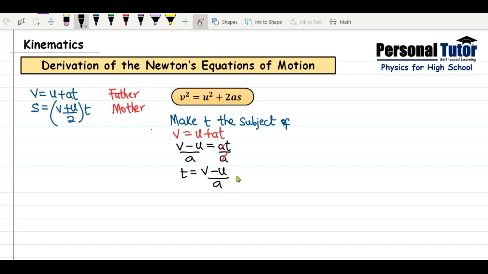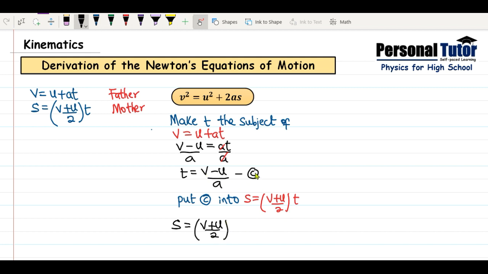So with this called equation C, substitute that equation C into the mother equation S equals v plus u over 2 times t. Okay, so that will be S equals v plus u over 2 times t.